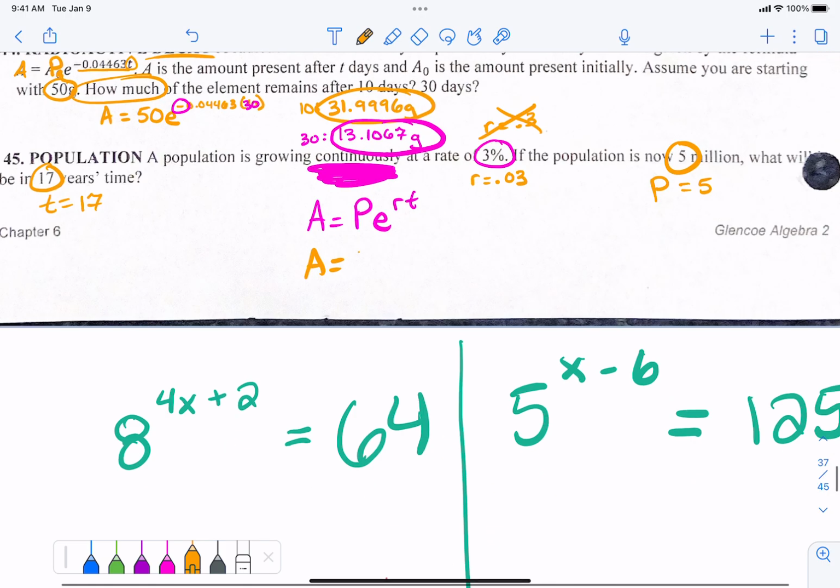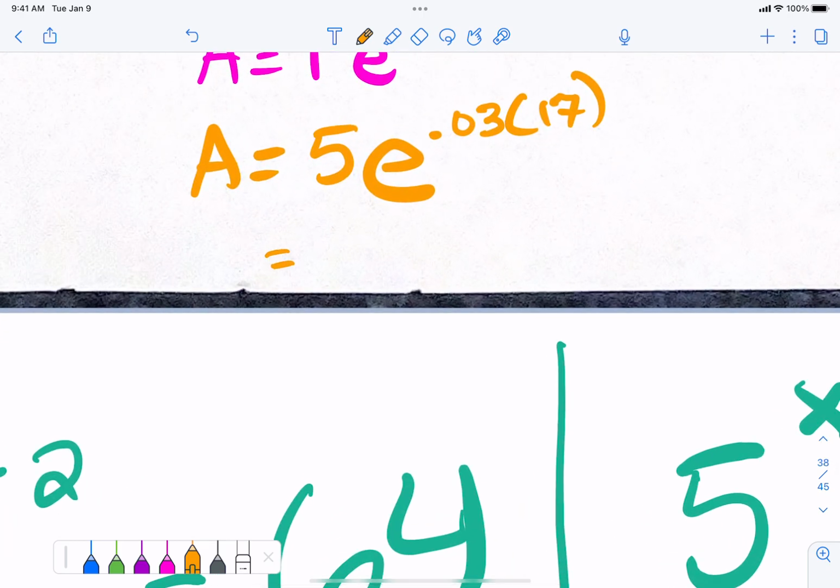So 5 is what we're starting with, and it's 5 million. Keep in your mind, if we're starting with 5 million, in 17 years approximately how much should it be? It shouldn't be less than 5, right? If we're growing. Rate is 0.03 times 17. Practice typing that in, see what you get. It's like 8.3265, and that's in the millions.